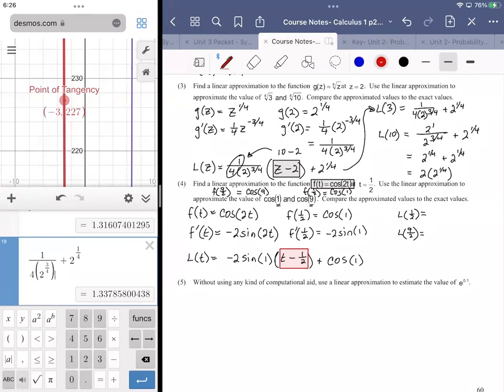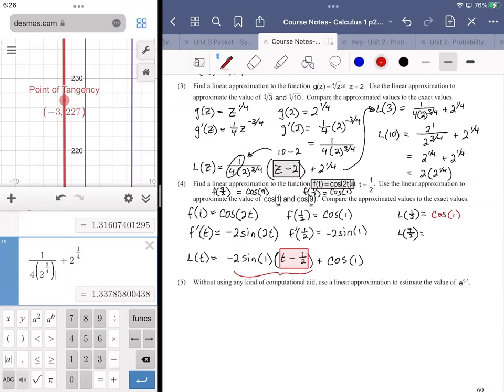But anyway, if I plug in a 1/2 for t here, all of this stuff is going to cancel out. And I'm just going to be left with a cosine of 1, which doesn't tell us anything. It actually tells us that cosine of 1 is equal to cosine of 1, which is really just an illustration of why, when we're trying to evaluate a function using the linear approximation technique, we choose a nice number that's near the one in question.